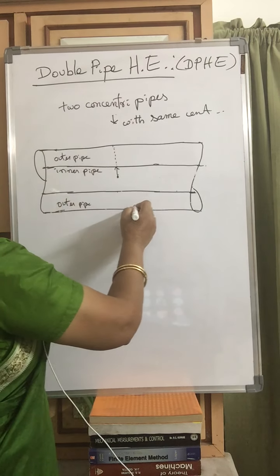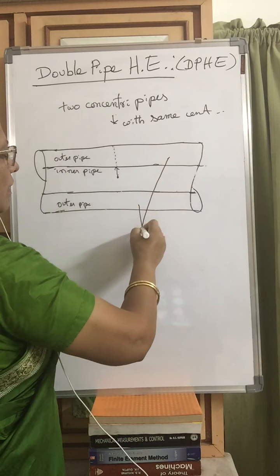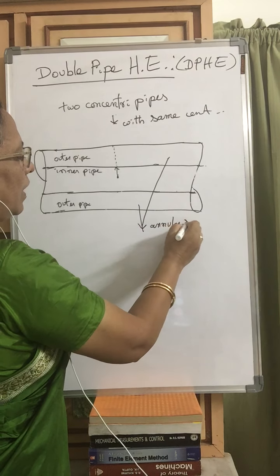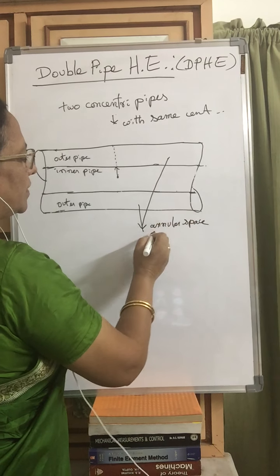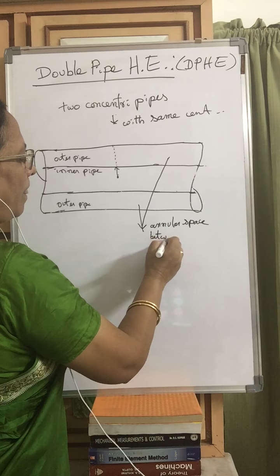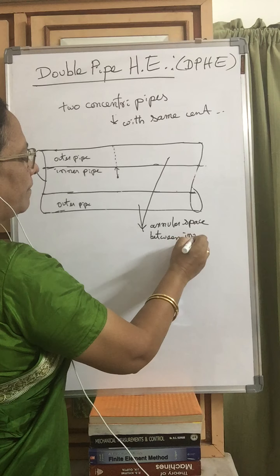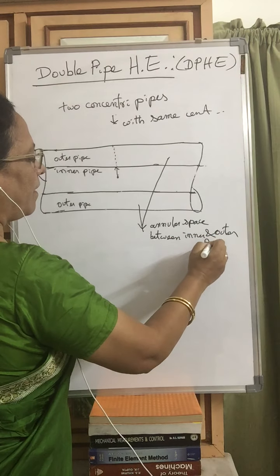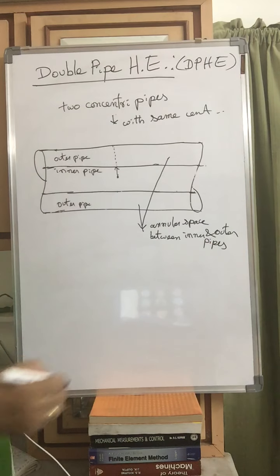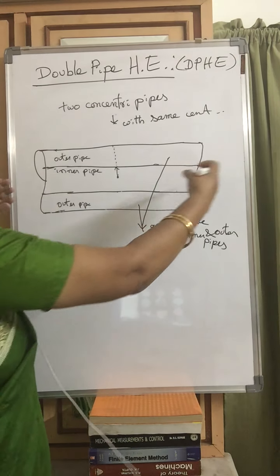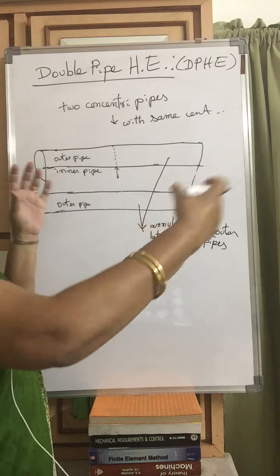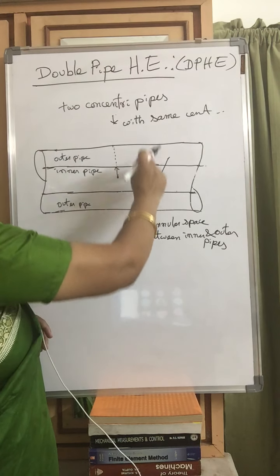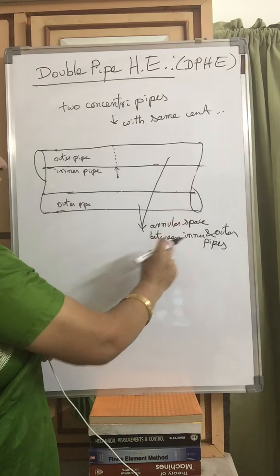And this is the annular space between the inner and outer pipes. When we introduce one pipe inside another, surrounding the inner pipe you will find a space, that is the annular space.